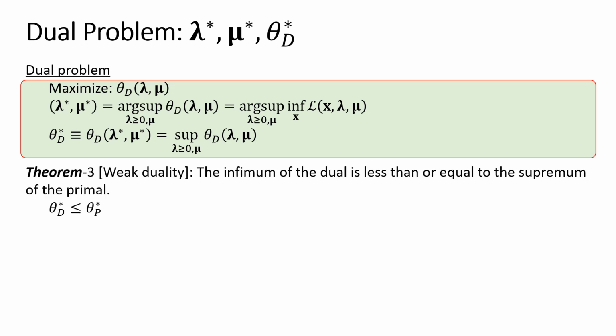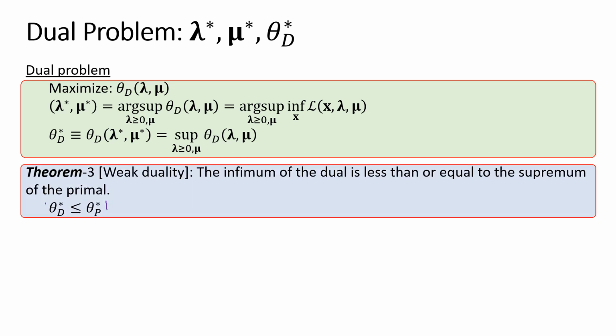Theorem 3, weak duality. The supremum of the dual is less than or equal to the infimum of the primal, or theta d star is less than or equal to theta p star. Proof.